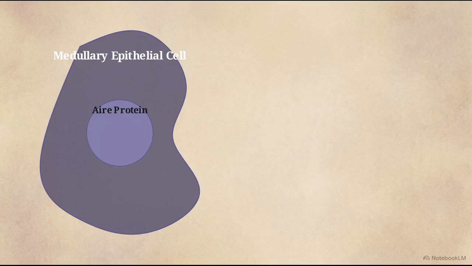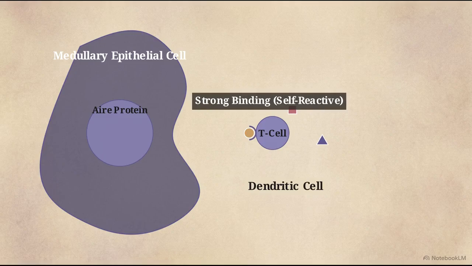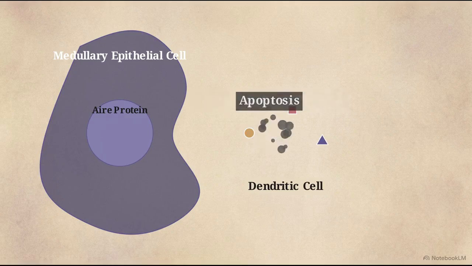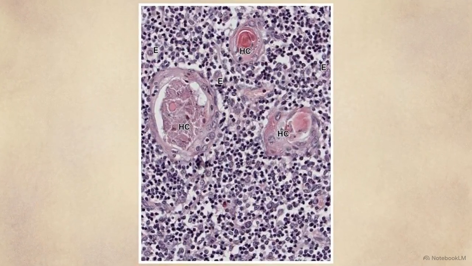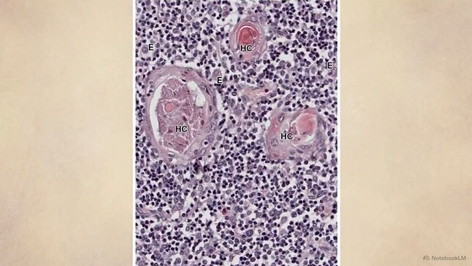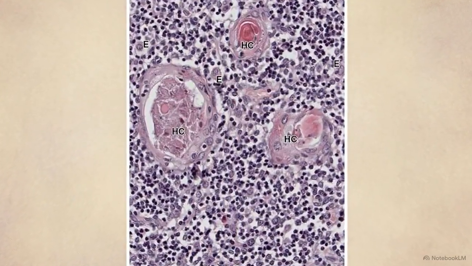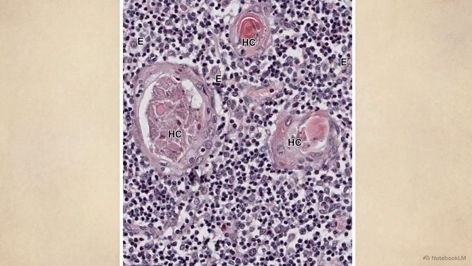To prevent autoimmunity, medullary epithelial cells express the AIRE protein, which allows them to transcribe and present peripheral tissue-specific antigens. If a T cell strongly binds these self-peptides, it is eliminated before it can reach the general circulation. The thymic medulla is histologically distinguished by Hassall corpuscles, large aggregates of epithelial cells that secrete cytokines.